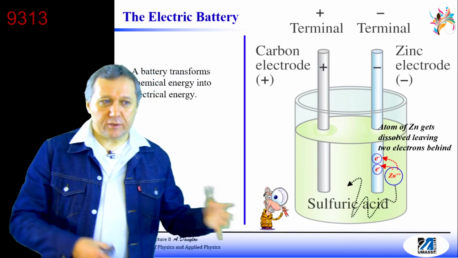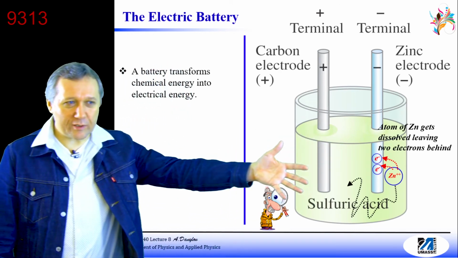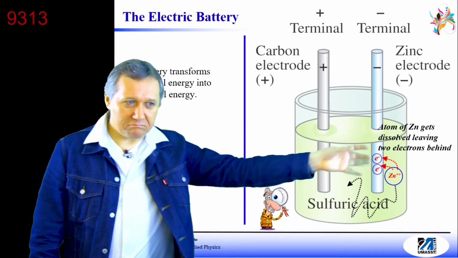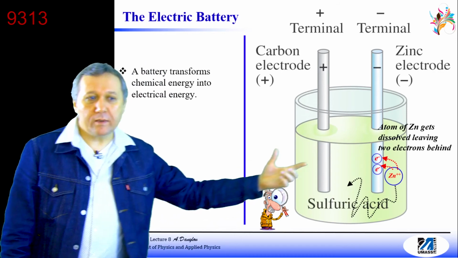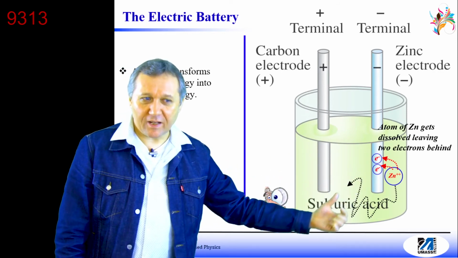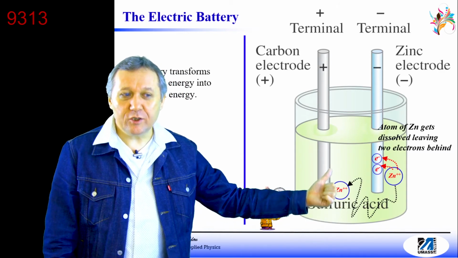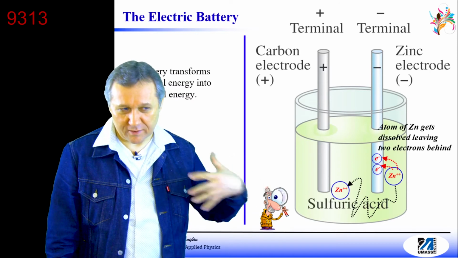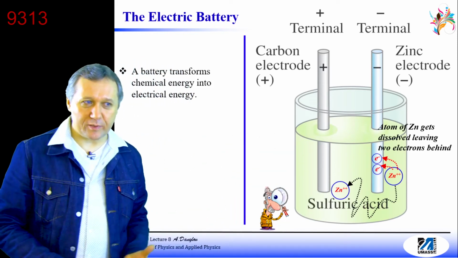And the carbon electrode is very generous in terms of giving electrons. It's like saying, you poor thing, you don't have electrons? Here's a couple for you, no big deal. Very generous. So when this ion of zinc comes to the carbon electrode, it can easily get 2 electrons from it. As I said, carbon is very generous, so of course you need to pick the proper materials.